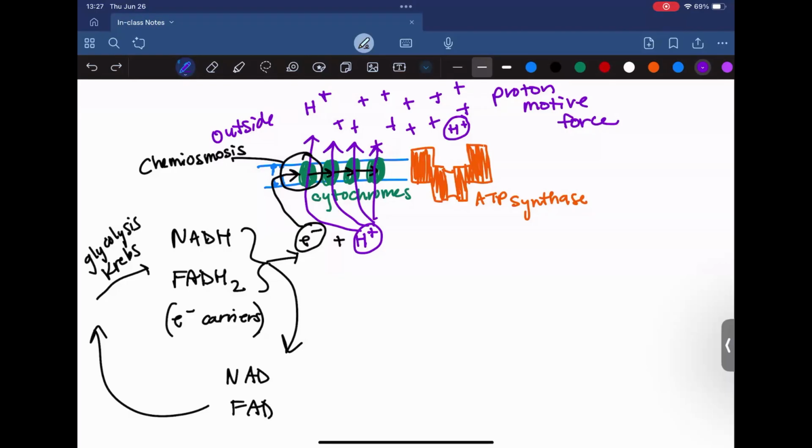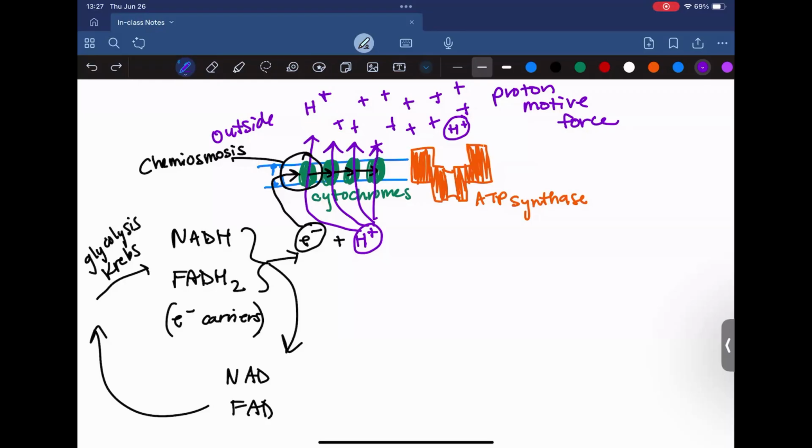I hope, kind of, okay. Those negatively charged electrons are causing the cytochromes, which are proteins, to change. What happens whenever we have all these different amino acids on our proteins coming into contact with a negatively charged thing? They'll change their shape. That allows the protons to move out. And so they get pumped out that way, and we create this positive gradient on the outside.